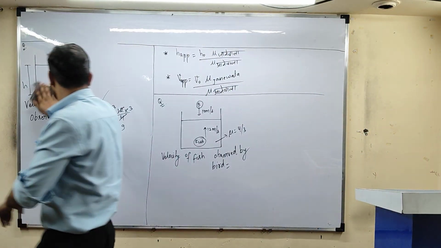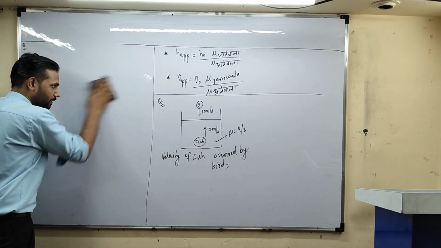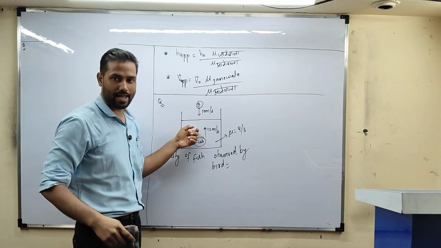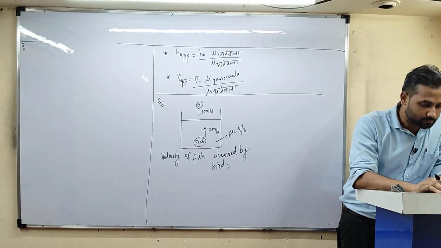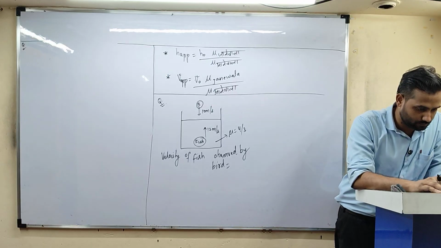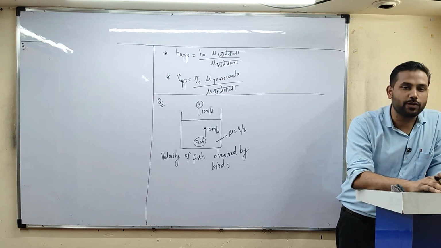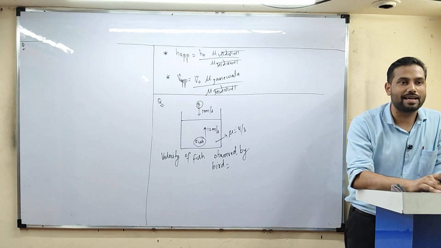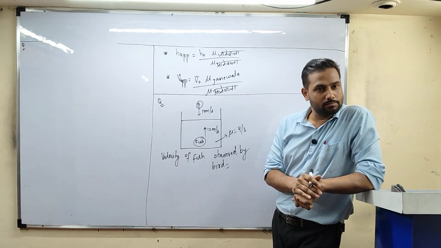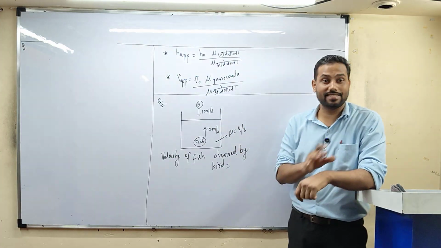Another. For this we get the answer 9, then plus 10, total 19. Or you can do the same question using another method also. Let's suppose that this bird does not have any velocity, this bird is at rest.